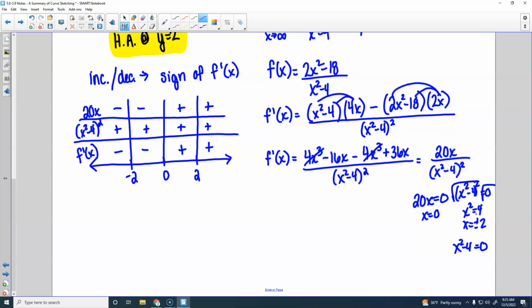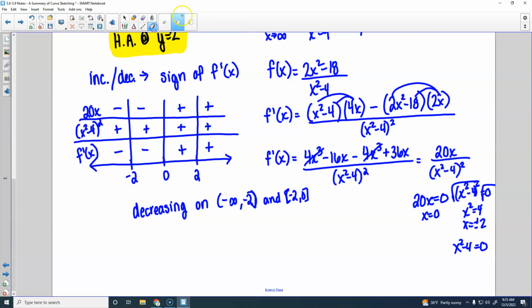All right, so let's make some conclusions about what should be happening here. So we should be decreasing on negative infinity to negative 2 and negative 2 to 0. Actually, I should probably use brackets there.